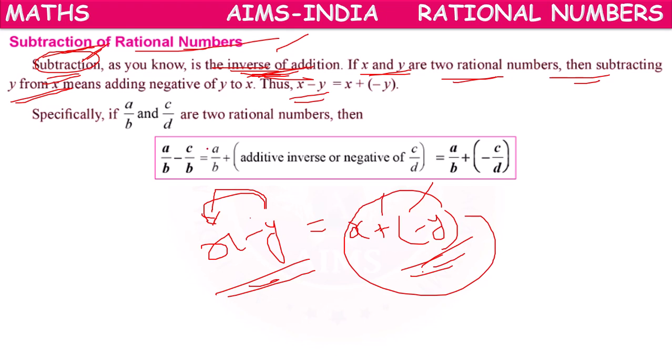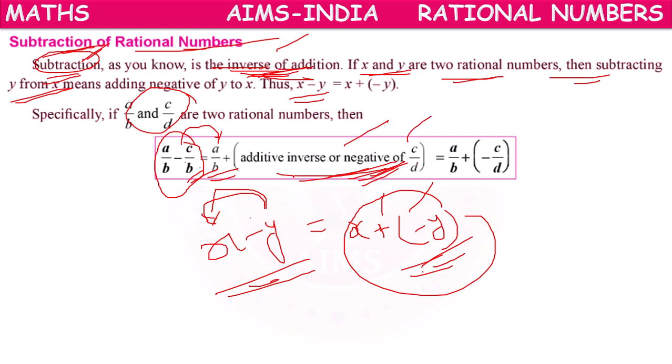So subtraction is an inverse process of addition. When we have two rational numbers, subtraction of two rational numbers can also be written as addition. While writing subtraction as addition, instead of the second rational number, we have to take the additive inverse, or negative, of the second rational number.